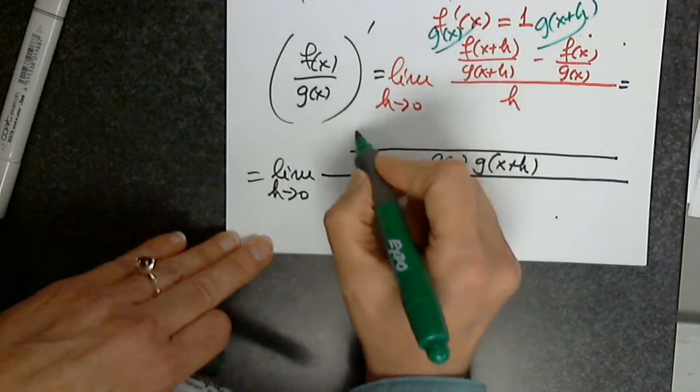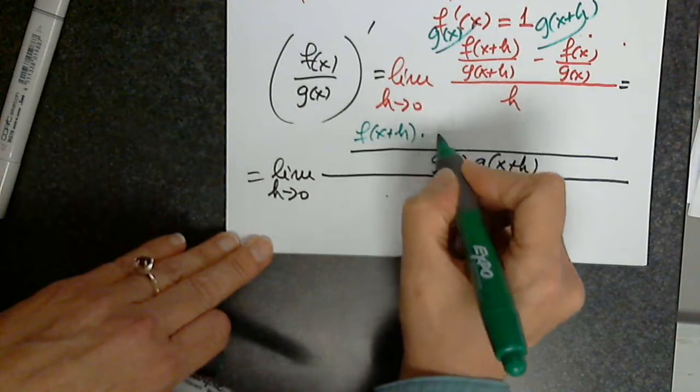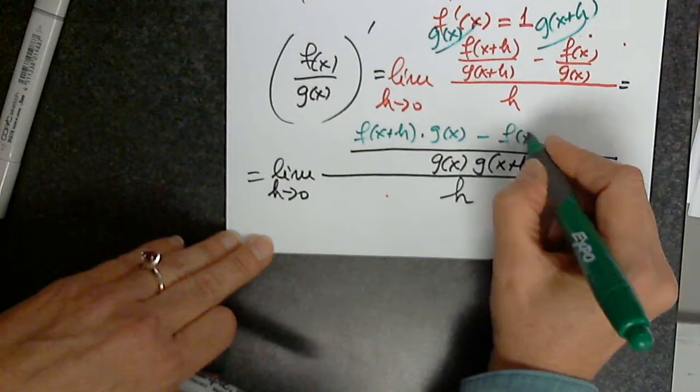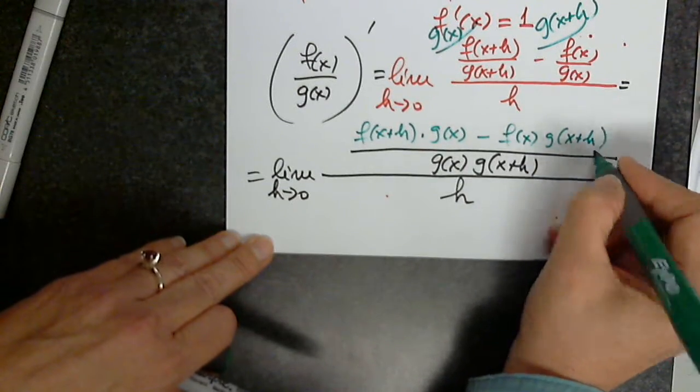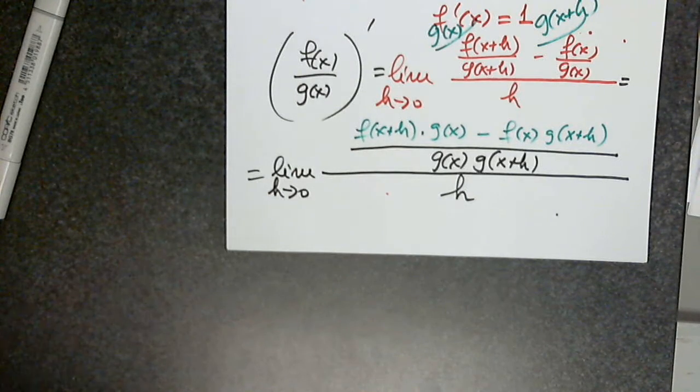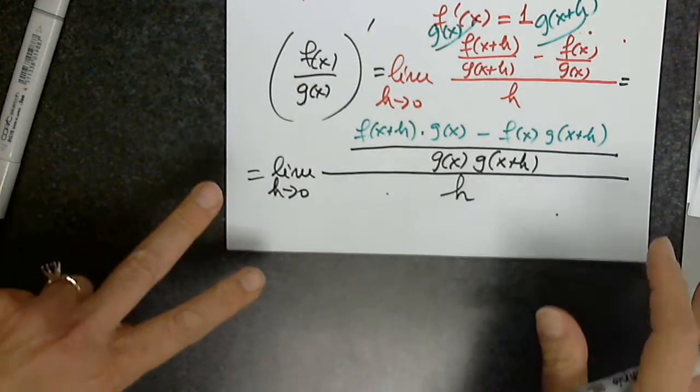So it's this product. I'm going to write f of x plus h times g of x and minus f of x times g of x plus h. Are we in agreement so far? Everyone? Are you with me? Yes? Okay, next step.